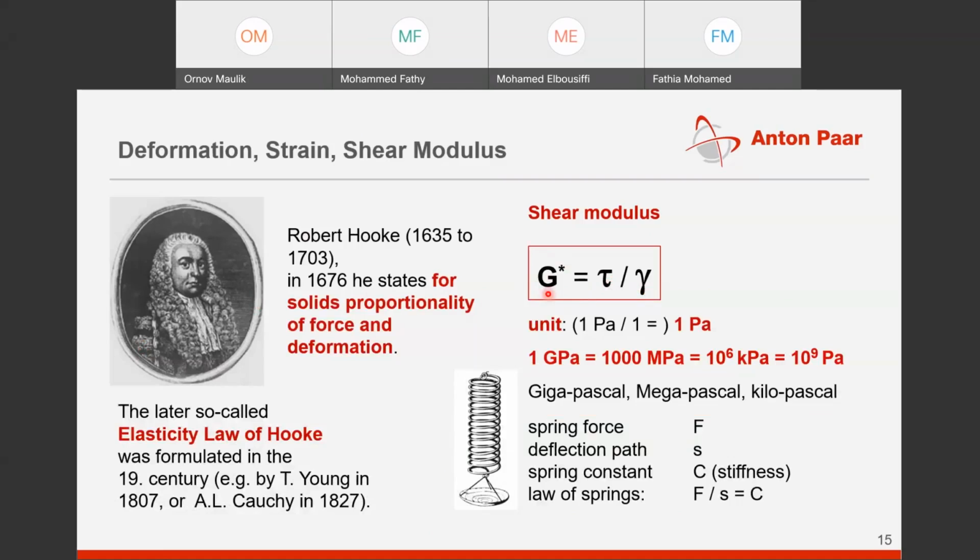Now here we are dealing with shear modulus. In case you are working on a UTM, you would be talking about Young's modulus or elastic modulus. Or in case you are working in a compression study, you would be talking about bulk modulus. Because here we are dealing with shear forces, we call it a shear modulus.